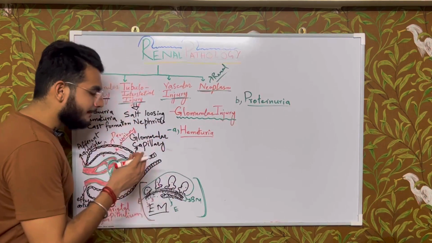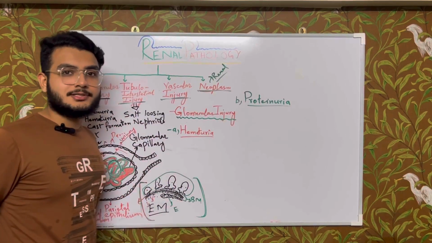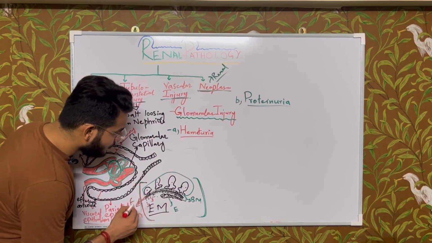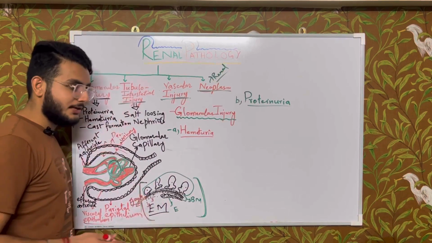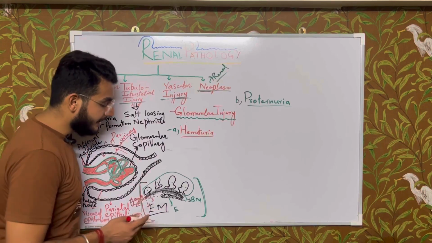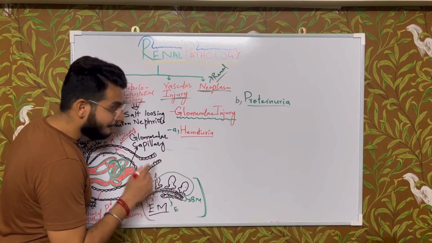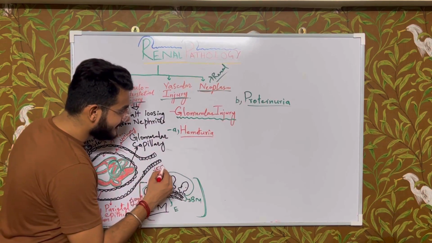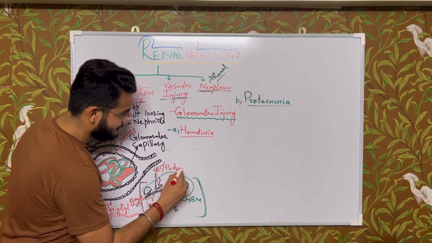Why is it called lamina densa? Because on electron microscopy it appears to be dense, that's why we use the word lamina densa. Then you have the third structure, the visceral epithelial cells, which are also known as podocytes.